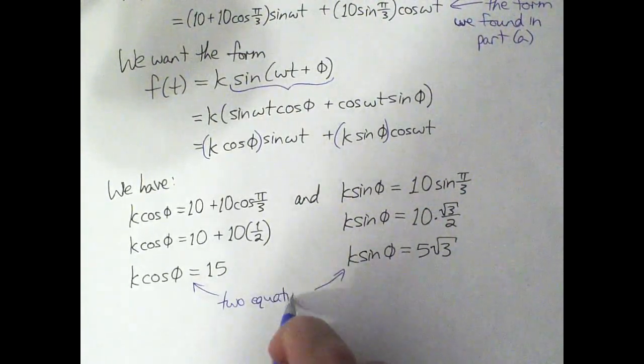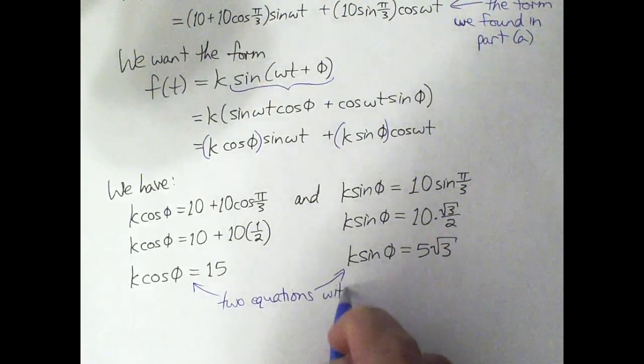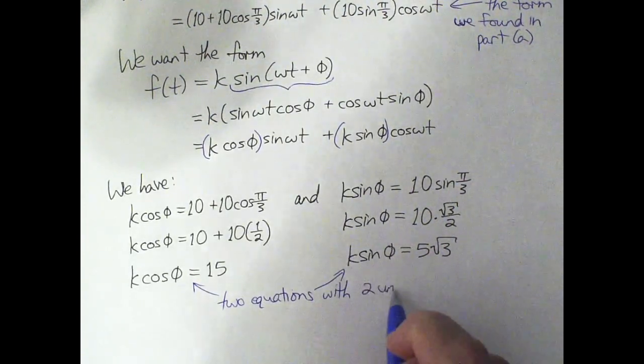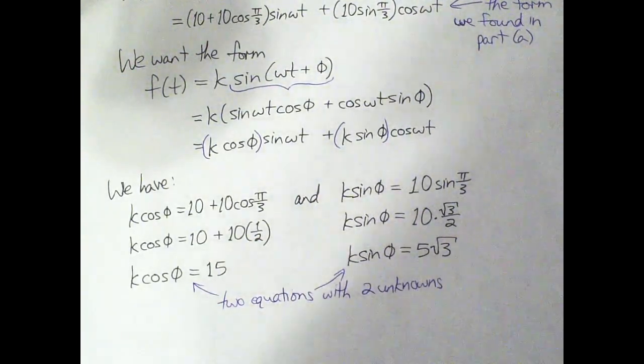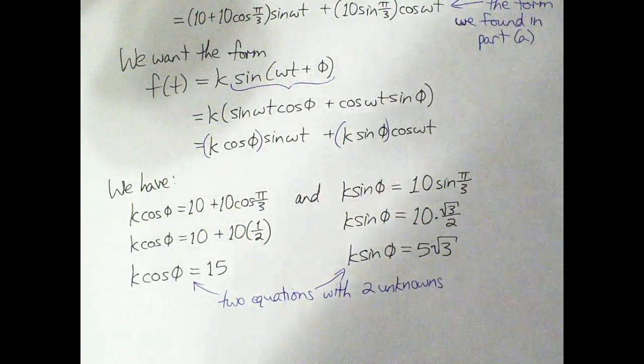Two equations with two unknowns. When you have two equations with two unknowns in math, usually you can merge the two equations together in some manner to help solve for the unknowns.